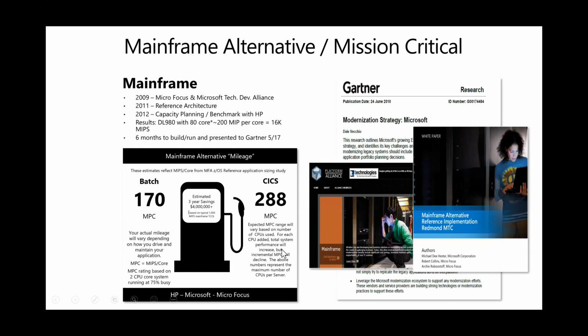And I guess the point here is that this has actually gotten better over time. I like to be a little bit more conservative about this. I like to go more for the 150 MIPS per vCPU. But if I had 1,000 MIPS, that means I don't need that many vCPUs in order to get those 1,000 MIPS.